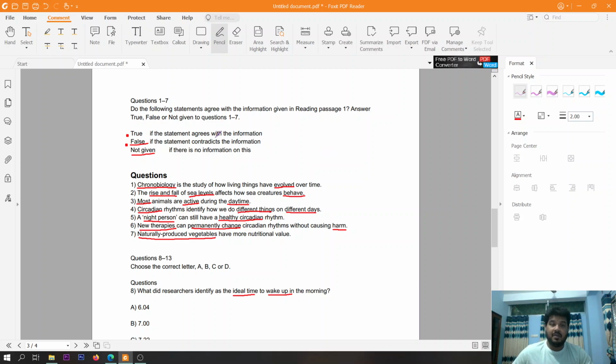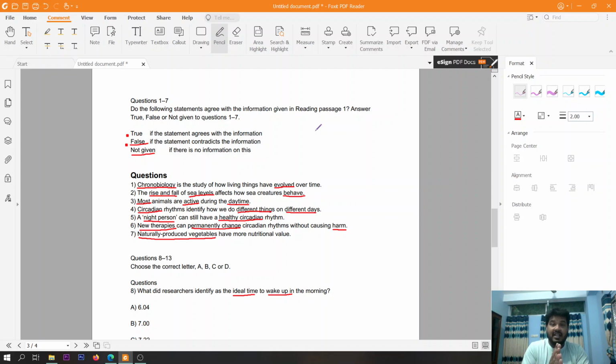For example, let's say the text is saying that the shirt is blue, and if the question says the shirt is black, then we say the answer is false, because there is a clear point of contention: the shirt is blue in the text, but the question says it's black. We know that the shirt is blue, hence we can prove that it's false.